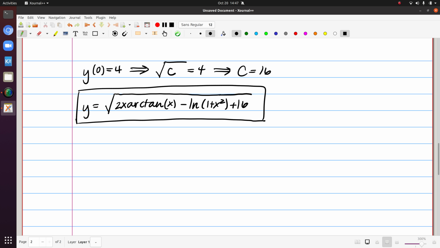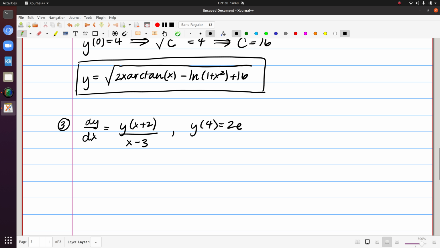Okay, another example. If I have dy dx equals y times x plus 2 over x minus 3, and suppose y of 4 is equal to 2e. Then again, this is a product of a function of y and a function of x.